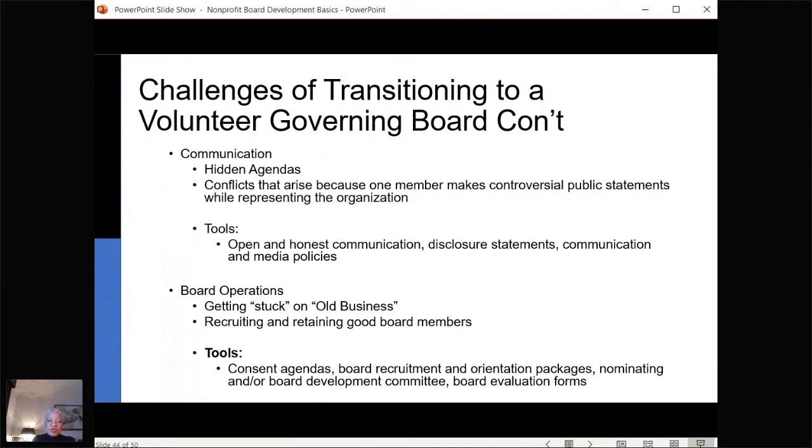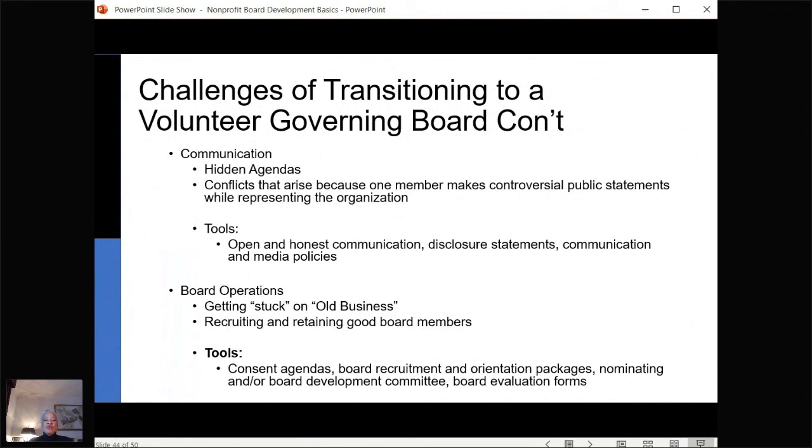So some of the tools you can use: have open and honest communication. Nobody is going to volunteer if they don't feel that they're getting something out of volunteering. That could be a sense of satisfaction that they're helping to change the world. It could be satisfaction of increasing skill sets. So people need to be very open and honest about what it is they expect to get out of this.